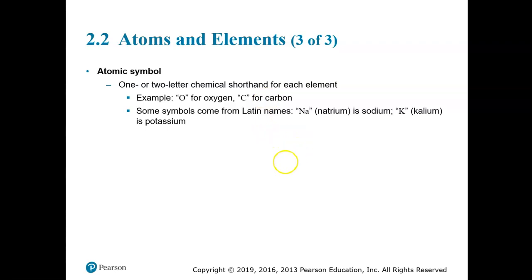But some of the symbols come from the Latin names for the elements. So we say sodium, but the symbol is capital N little a because the Latin word for sodium is natrium. Potassium, for example, is a K because the Latin word for potassium is kalium.